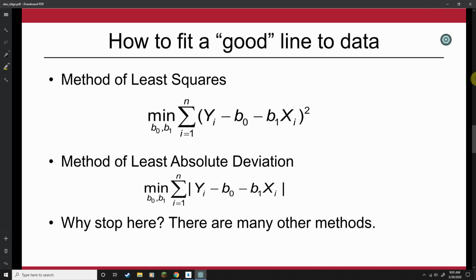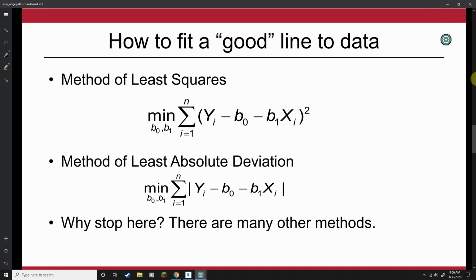So how do you fit a good line? There are many methods to fit a line to data, and that's what you want to be aware of. Everyone has a different way of fitting a line to data. Some are more popular than others, but there are many ways of fitting a line to data. Now, what does it mean to fit a line to data? Back in high school or elementary school, you may have learned two points to find a line.